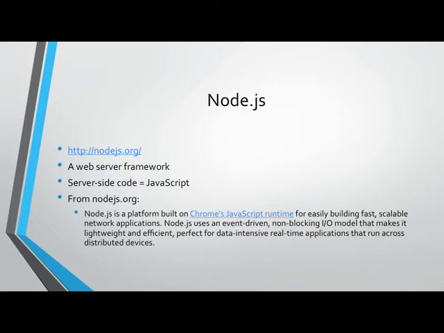Node is a web server framework that allows you to actually run JavaScript on the server side. Typically, we hear JavaScript is this language of the web, and people love it, hate it. You have to work with it because it's the only thing that's really available in the browser.